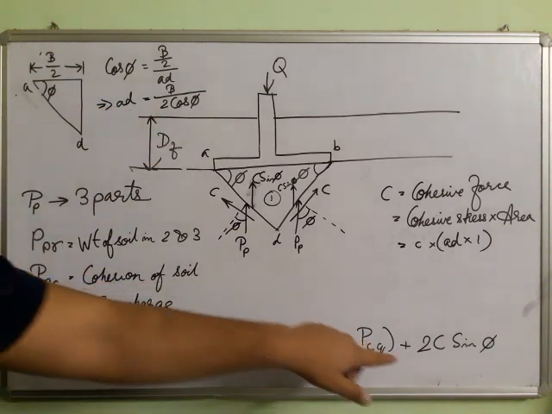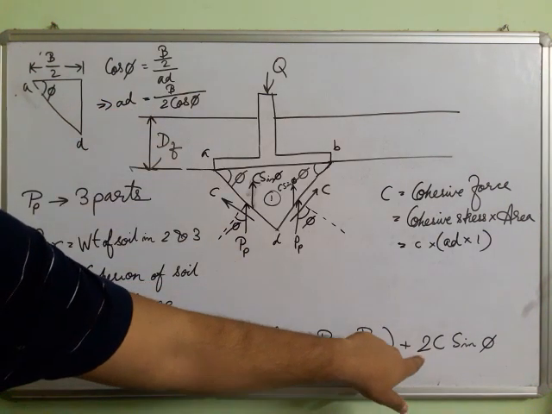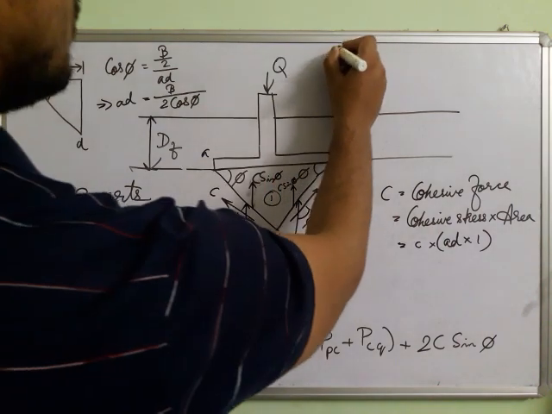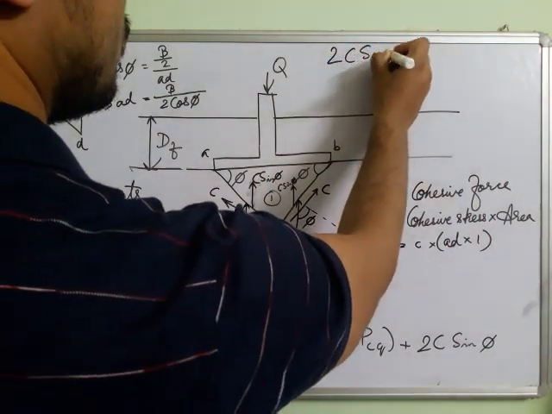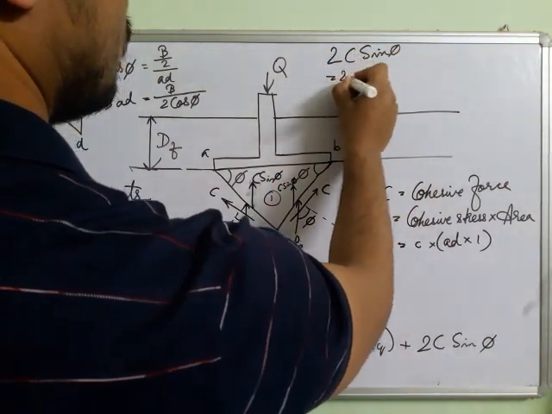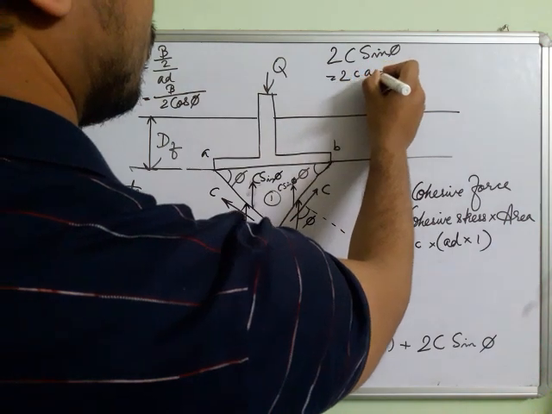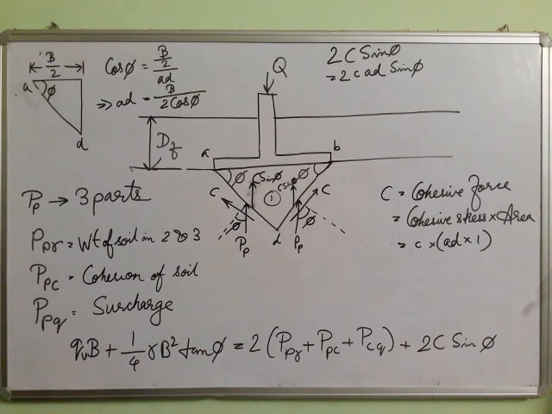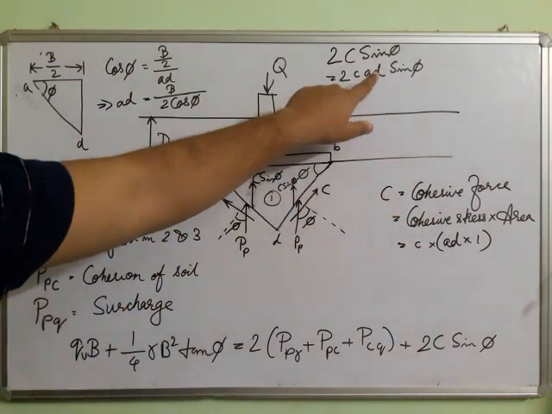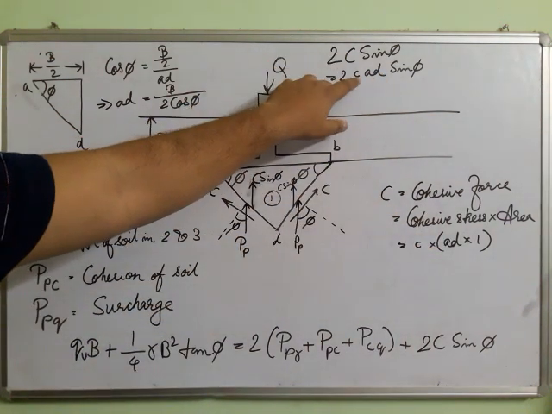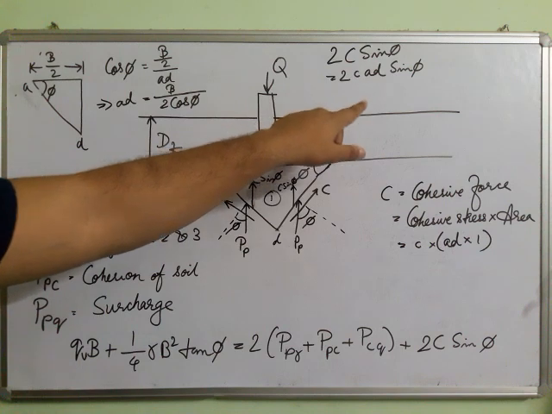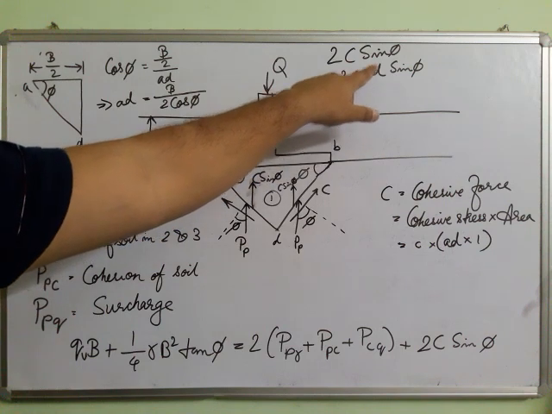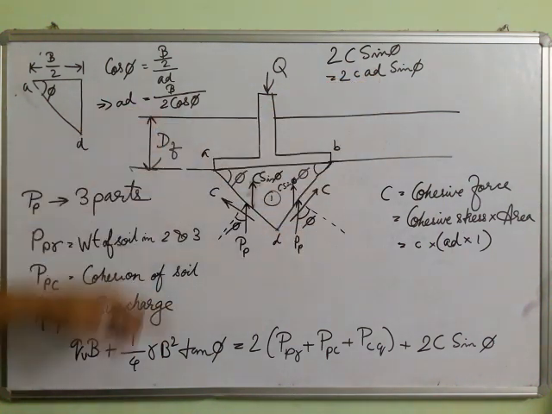Now concentrate on this term, twice c sin phi. Cohesive force was the cohesive stress, small c, into area AD. In place of AD we can write b by 2 cos phi.